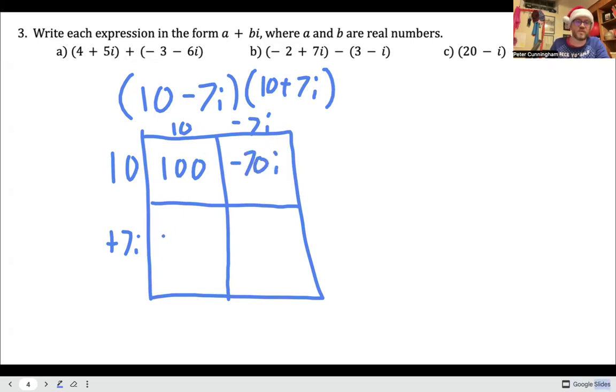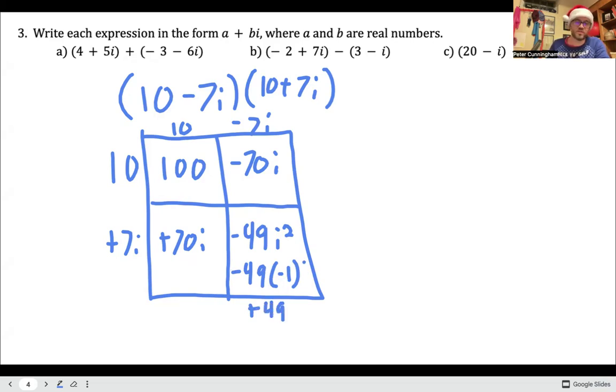-70i, positive 70i. Those are going to cancel out. And -7 and +7, that makes a -49. I and I make I squared. Remember, I squared is like saying -1, negative, negative makes positive.